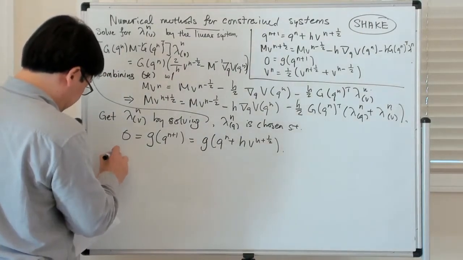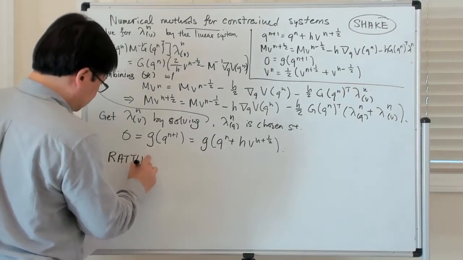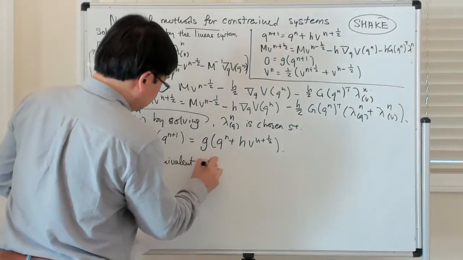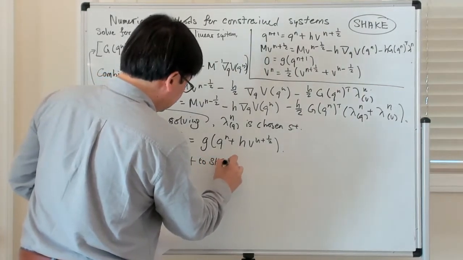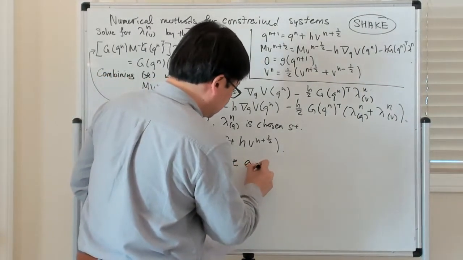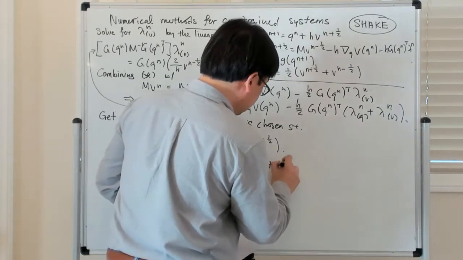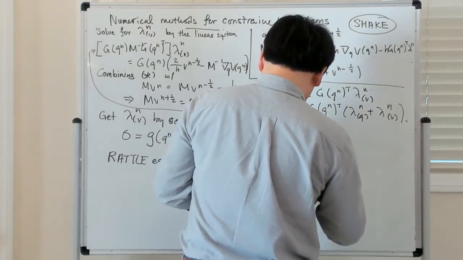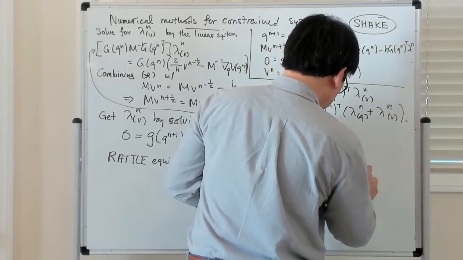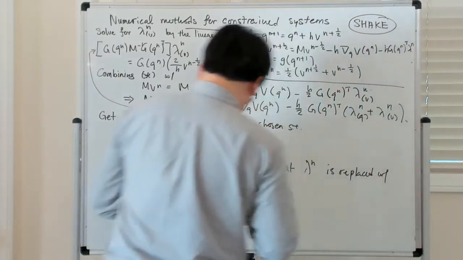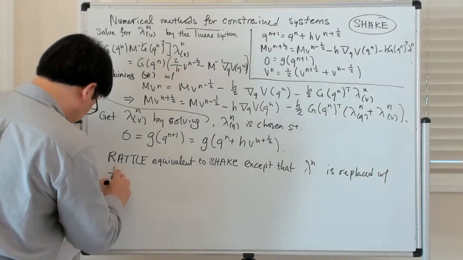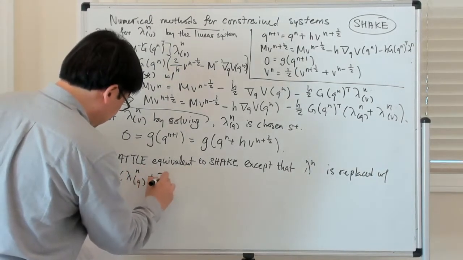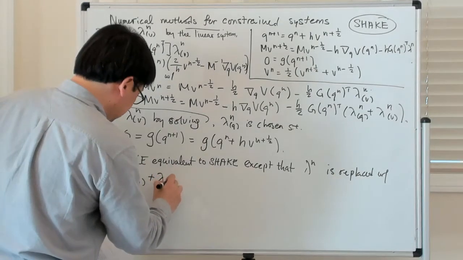So RATTLE is equivalent to SHAKE, except that this multiplier lambda n is replaced with one half lambda Qn and lambda Vn.